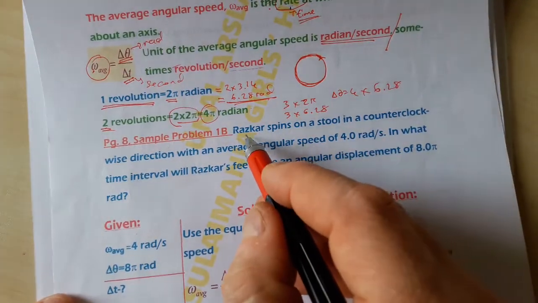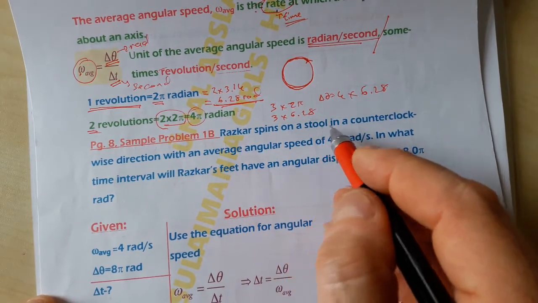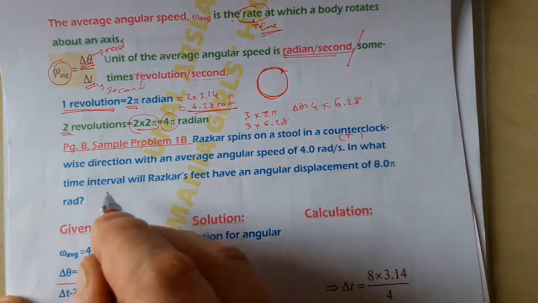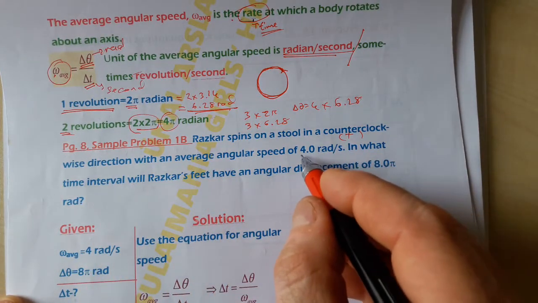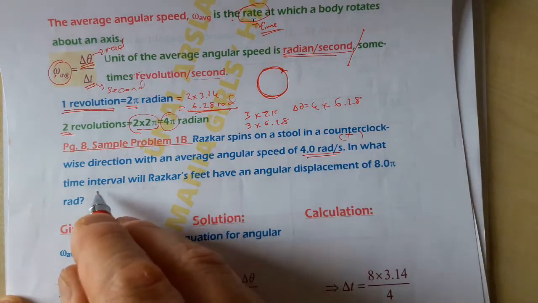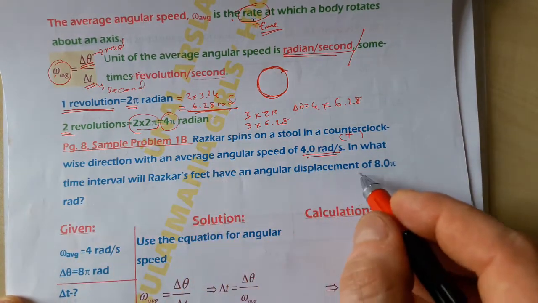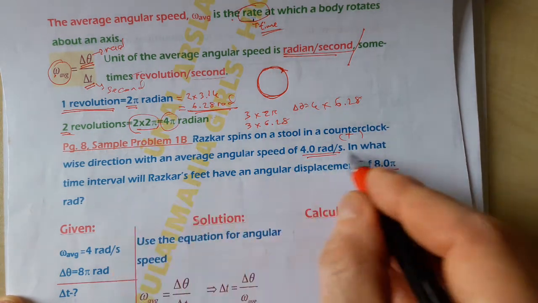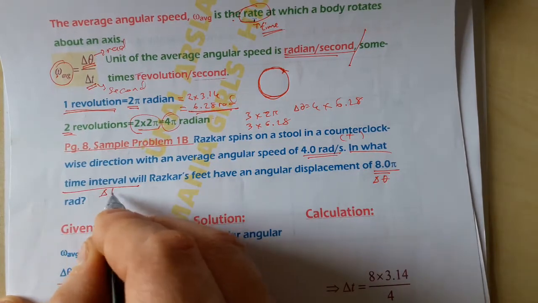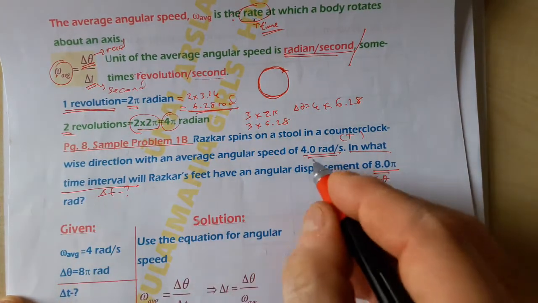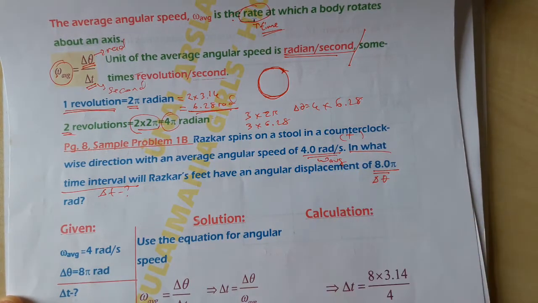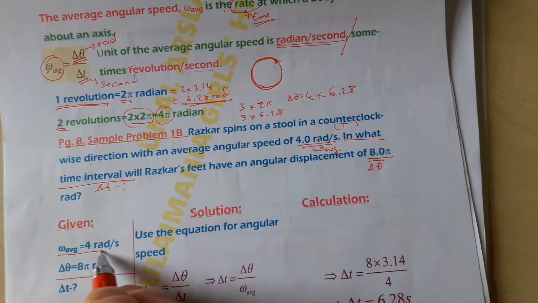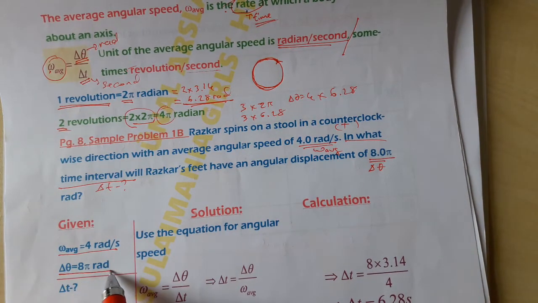For example, Razgar spins on a stool in the counterclockwise direction, positive counterclockwise, with an average angular speed of 4 radians per second. So it is positive, isn't it? In what time interval will Razgar have an angular displacement of 8 pi radians, delta theta? Delta t is the question. The average angular speed is 4 radians per second, and delta theta is 8 pi.